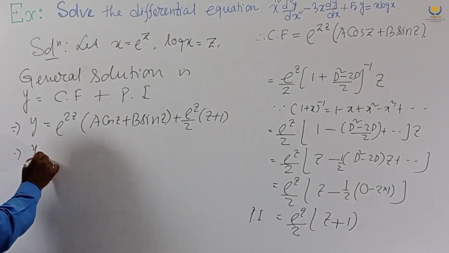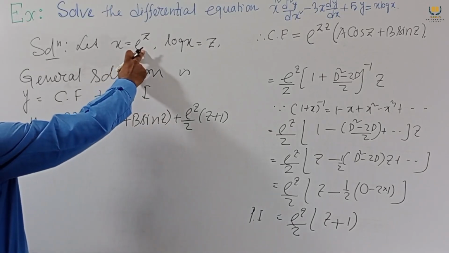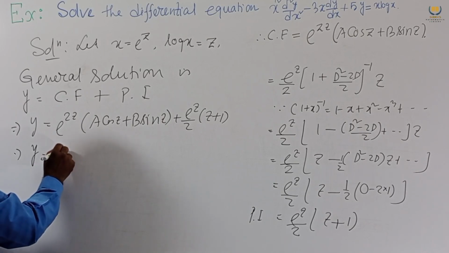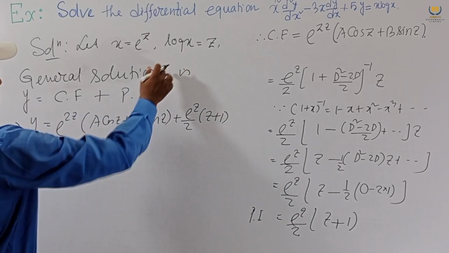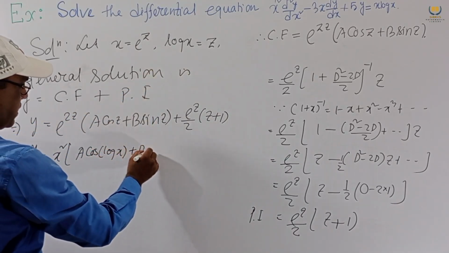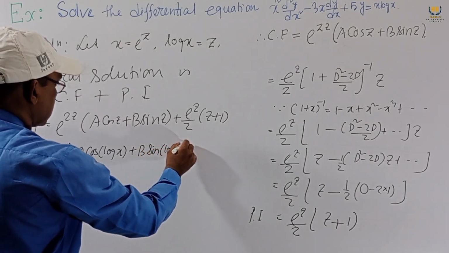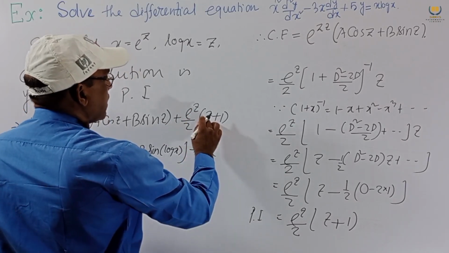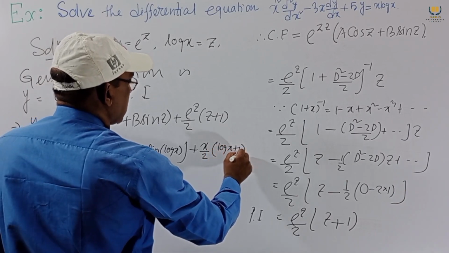And z, actually in your problem we have x and y, so we remove z. z means log x, and e to the power z whole squared we can write as x squared. a cos z, z means log x, we get log x, b sin log x, and e to the power z means x, x by 2, this z means log x, plus 1.